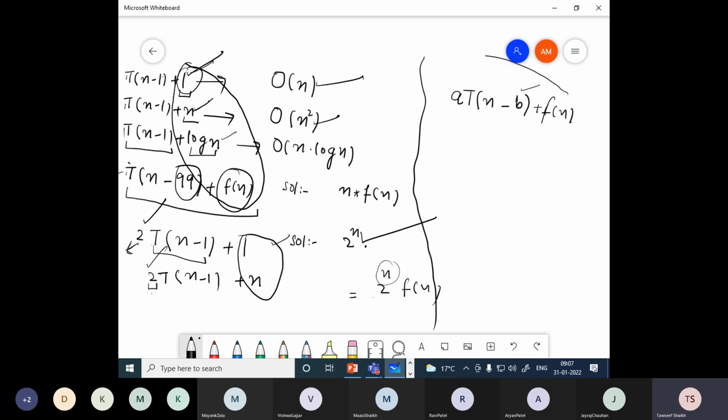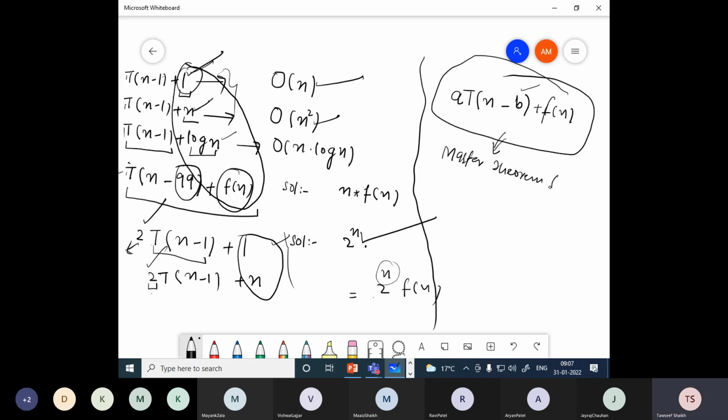Such recurrences, which we solved till now, whether of this form or of this form, when we represent all of them in a general form, if you substitute any value of a, any value of b, any value of f of n, you will get all these recurrences which exist in the case of decreasing functions. And such a representation is known as master theorem.